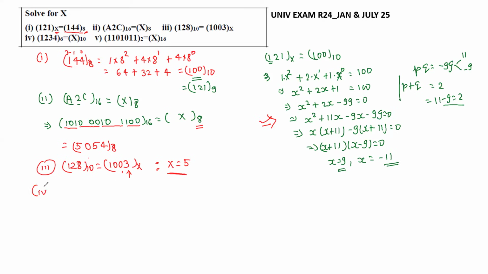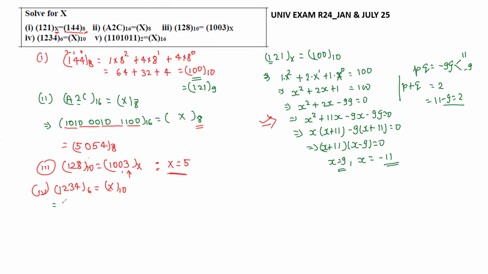You try this. Next we have 1234. This is given in base 6 here, and we have to find the decimal. For any number, you just have to expand it and you'll get it in decimal. So what will we write here?